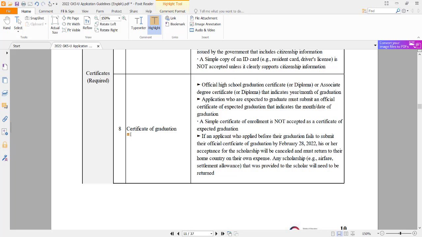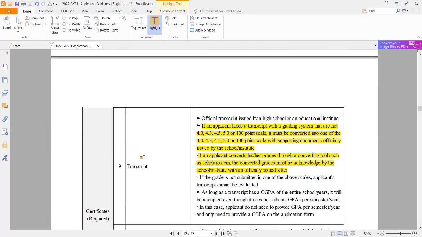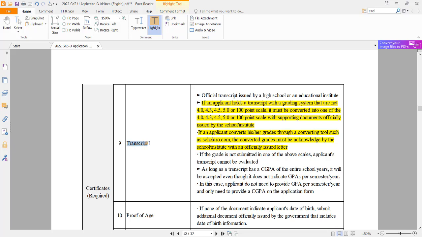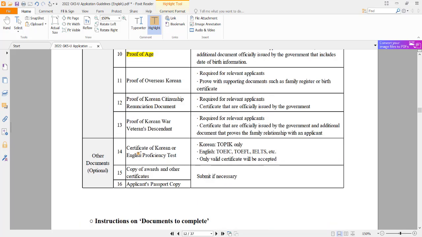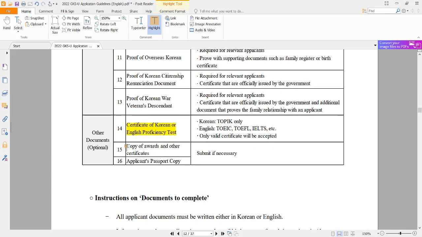The first document that needs to be apostilled is the certificate of graduation. Then you need to apostille the transcript or mark sheet, whatever you're giving. Then proof of age if you are giving it, and the certificate of English or Korean proficiency. If you are giving the photocopy, you have to apostille it.